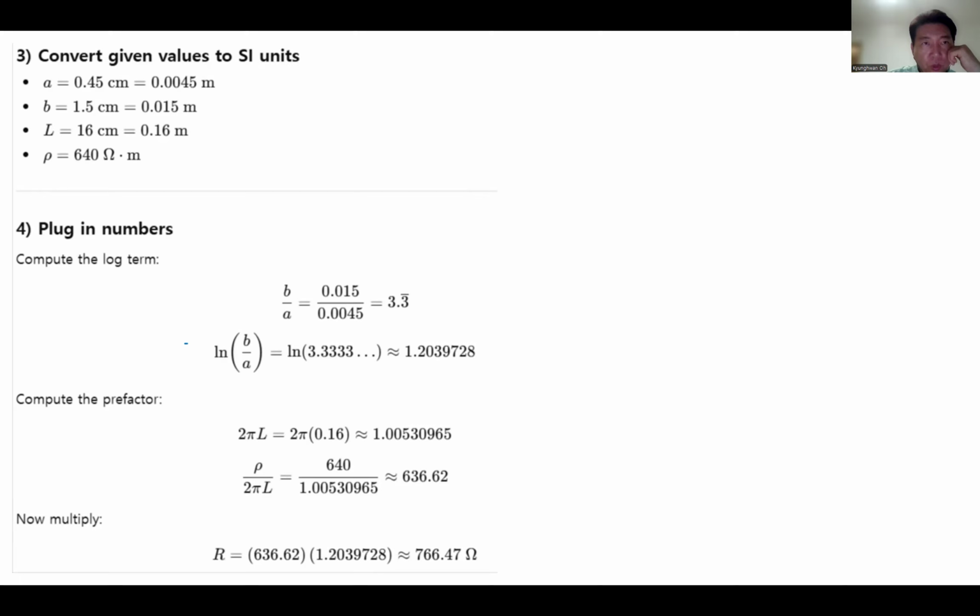Then we are going to convert all dimensions into SI units so that everything is in meters, and then plug in numbers.